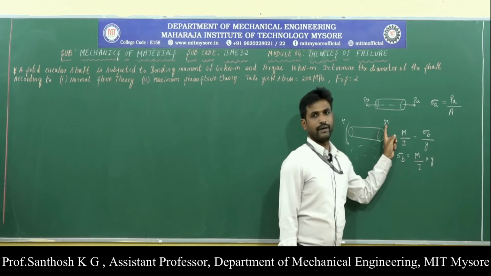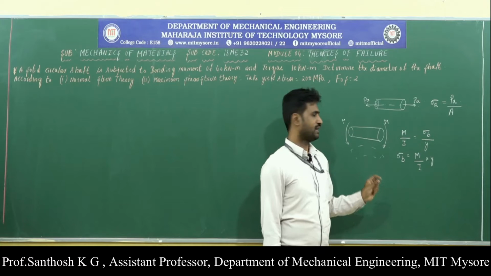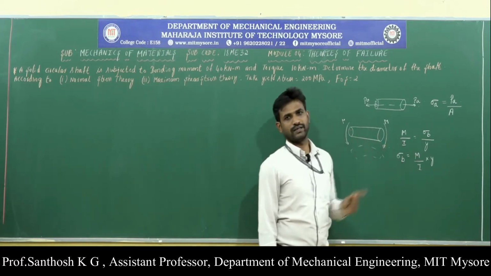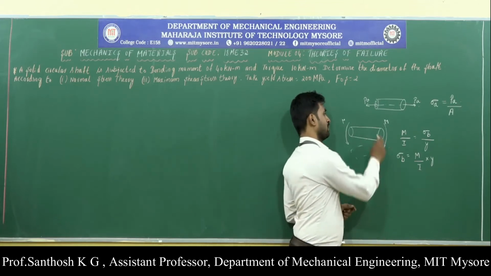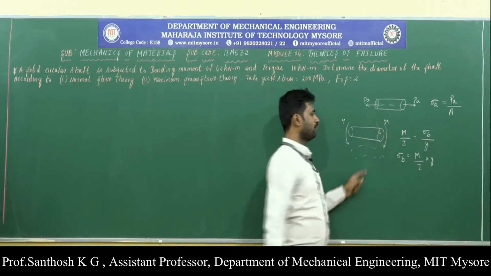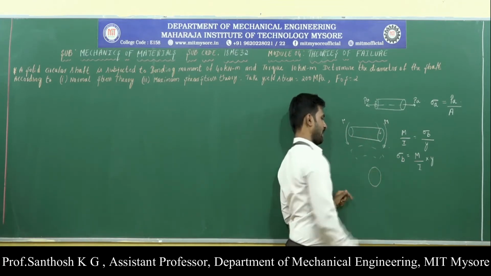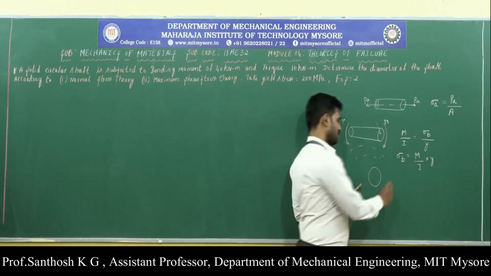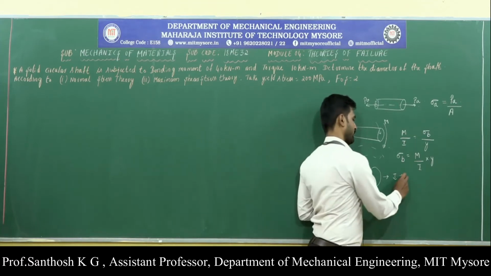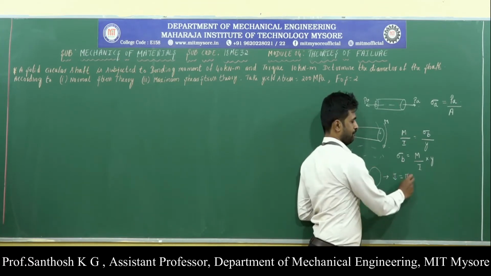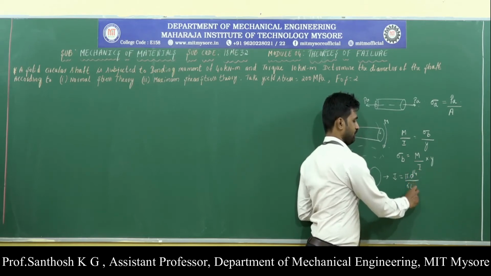Here M represents the magnitude of the bending moment applied on a given structural member, and I represents the moment of inertia of a given cross section. If the given cross section happens to be circular, then the moment of inertia I can be calculated by using the formula pi times d to the power of 4 divided by 64.